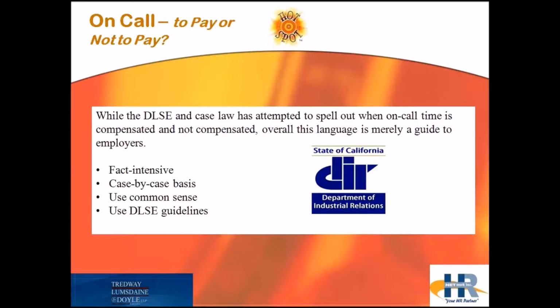Well, the first place I would start is the job description, and that would define the essential elements and functions of the job, and it's going to really frame what the position responsibilities are. And if one of those responsibilities is remaining on call or on paid standby time, I think that would set a pretty good foundation for that being controlled time. If the job description is devoid of any reference to remaining available to the employer, then I think that would give the employer an argument that the time was actually uncontrolled.